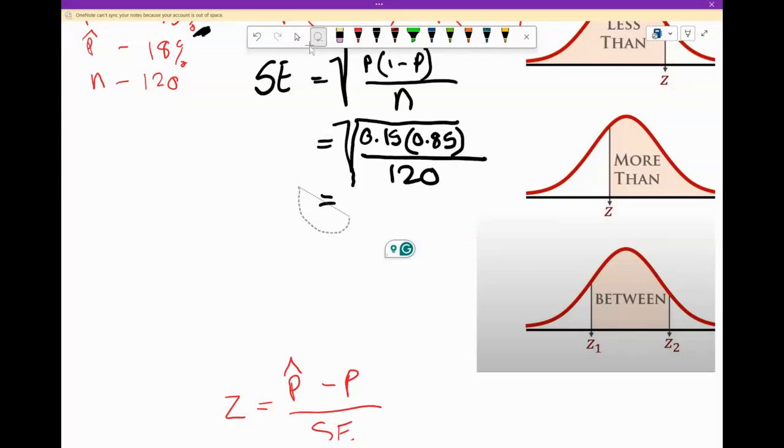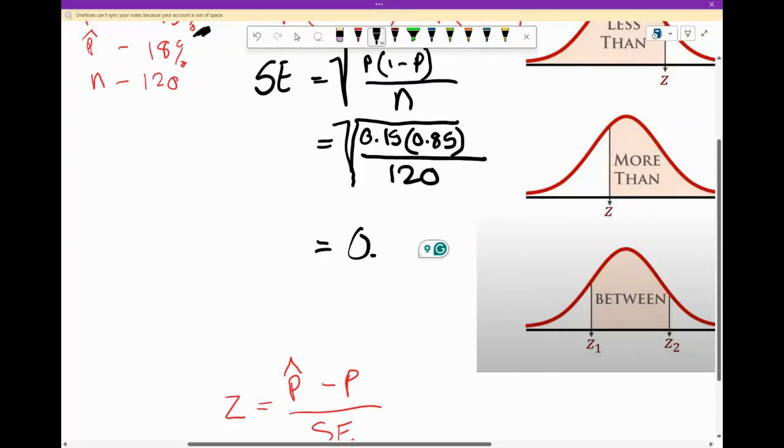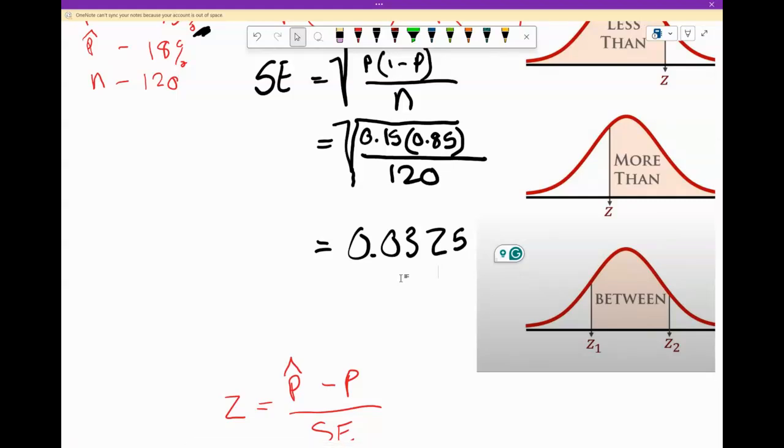What are we getting? 0.035. Are you all getting the same thing? 0.0325. Are we all getting the same thing?